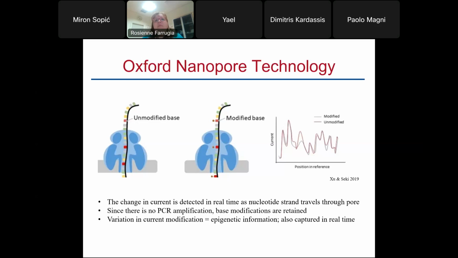This is possible because there is no PCR amplification step at all. Whenever we use PCR to amplify DNA molecules, then we lose all the epigenetic marks because what is synthesized by the polymerase will be simple A's, C's, G's, and T's without any modifications. Because there is no amplification step in third-generation sequencing, all base modifications are retained and can be detected within the same experiment.